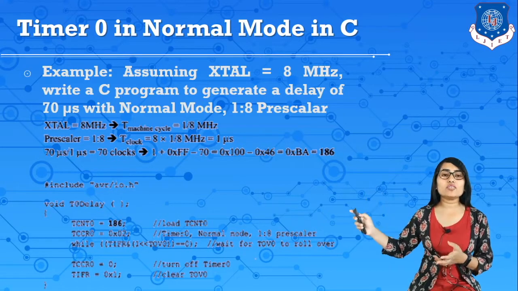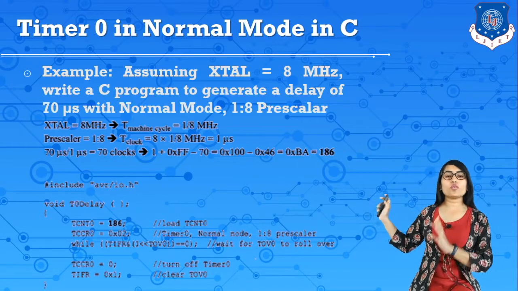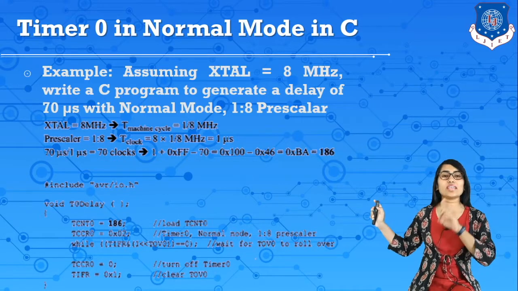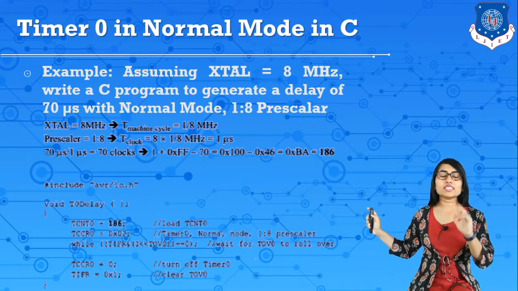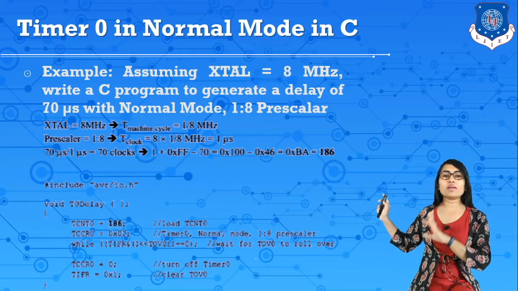Now here we have a 1:8 prescaler, so we divide the clock by 8. So 8 into 1/8, the 8 cancels out, and we have 1 millisecond.